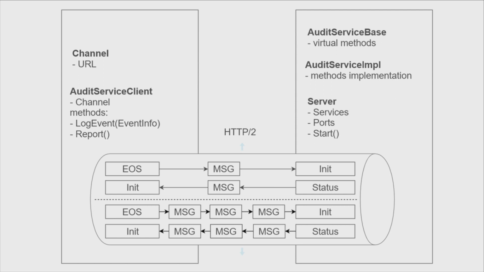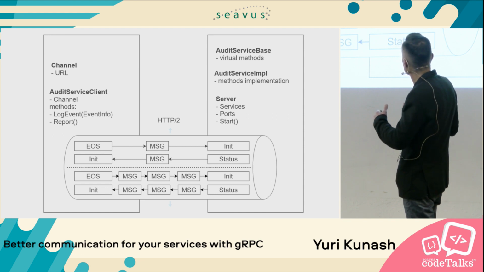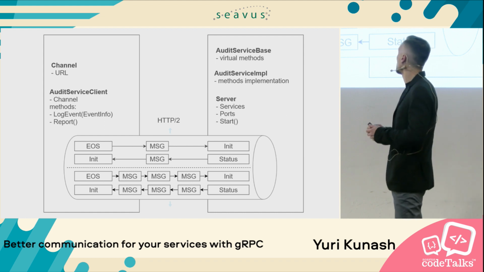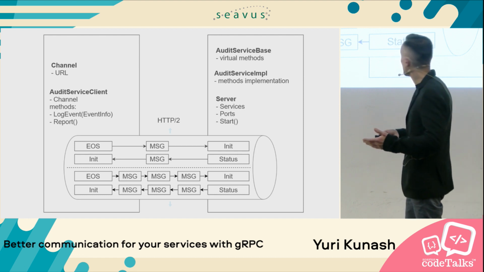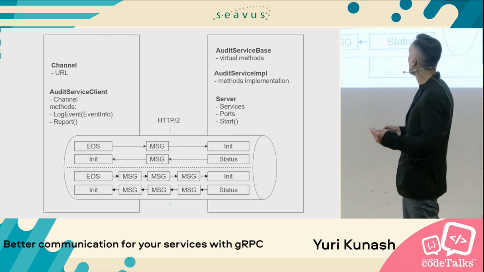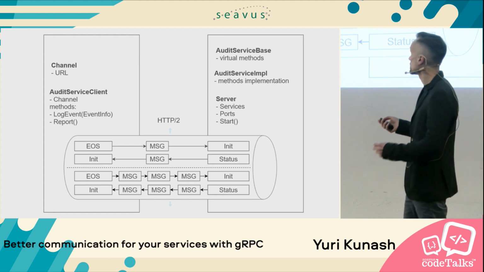Another class which comes with the NuGet package is the Server class, which will contain the definition. Once you create an instance of this Server class, you will bind this service to the service implementation, specify the port numbers, and just start the server. You can start it under a console application or under Windows services. And after calling the Start method, it will listen for incoming requests.